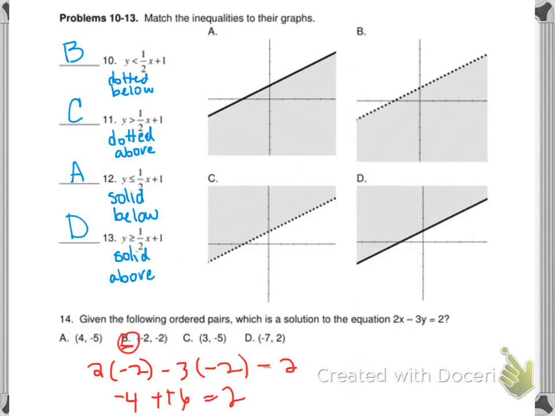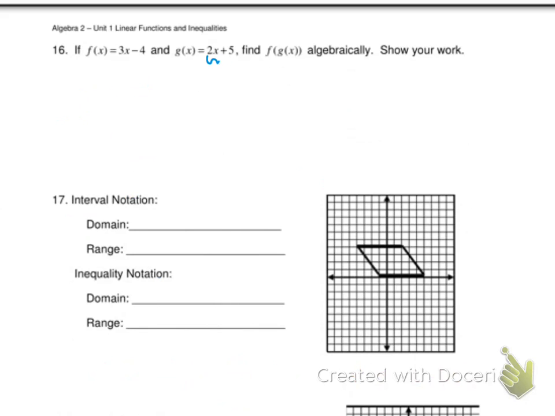So that's my answer choice. But if I had tried another one, it would have been 2 times 4 minus 3 times -5. So that would be 8 minus -15. That does not equal 2. So I knew that wasn't the answer. So you just try each one until you find the one that makes the equation true.